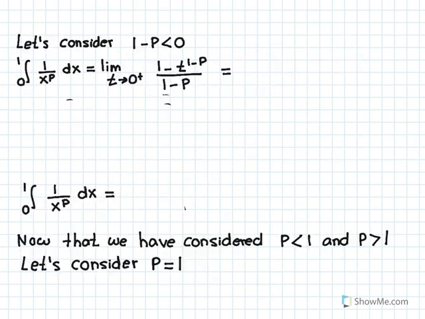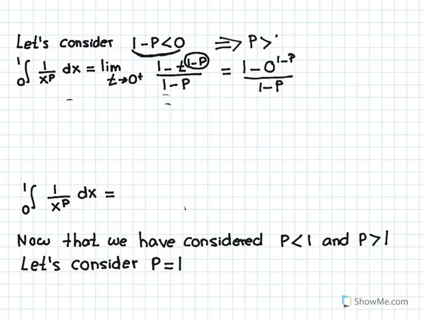Let's consider the case when 1 minus p is negative. That means that the exponent of t is a negative number. So that's going to be 1 minus 0 to the 1 minus p, over 1 minus p. Of course, 1 minus p being negative means that p is greater than 1.